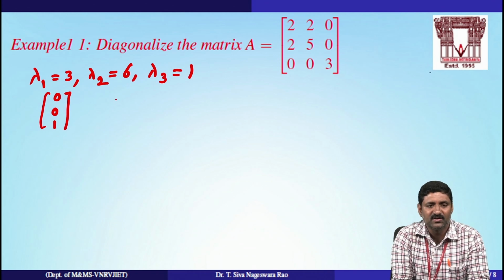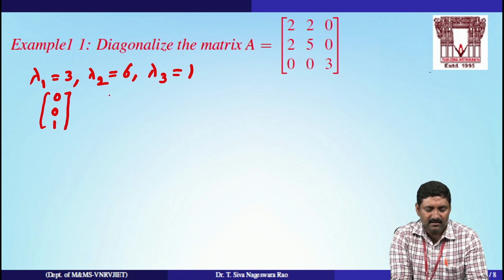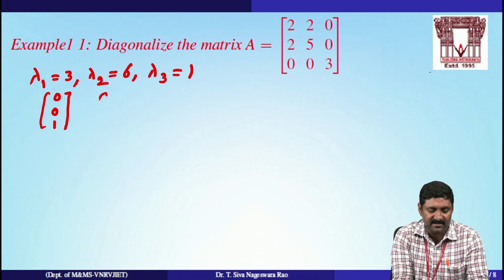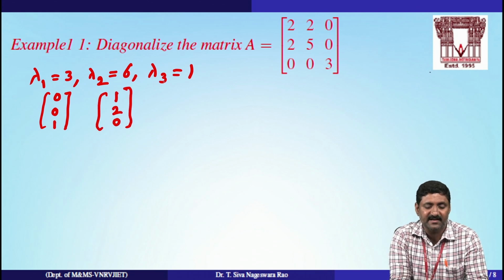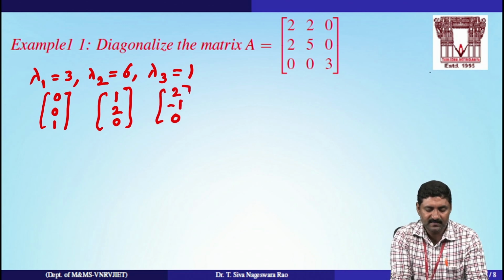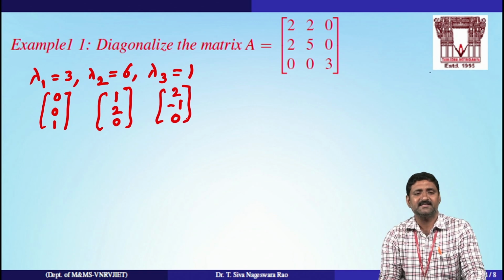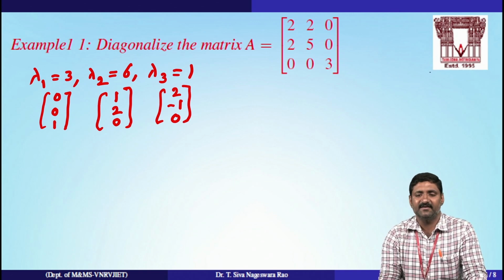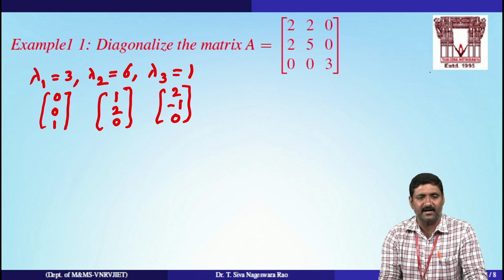Corresponding to lambda 2 equal to 6, the eigenvector is 1, 2, 0. Corresponding to lambda 3 equal to 1, the eigenvector is 2, minus 1, 0. So in the previous class, these are the eigenvalues and eigenvectors we obtained for this matrix.